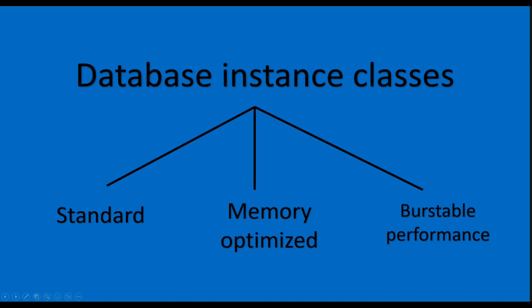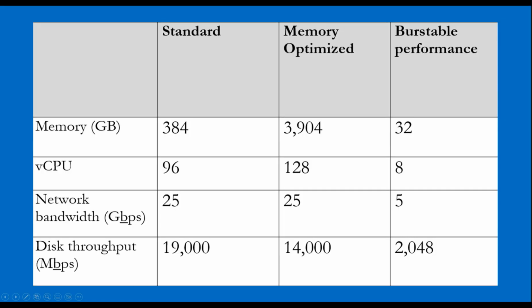There are 3 latest generation instance classes: db.x1e, db.z1d, and db.r5, and the most powerful of these is db.x1e, and that provides up to 3,904 gig of memory, 128 virtual CPUs, like before, 25 gigabits per second of network bandwidth, and then we've got slightly lower disk throughput here. It was before 19,000, it's now 14,000 megabits per second of disk throughput.